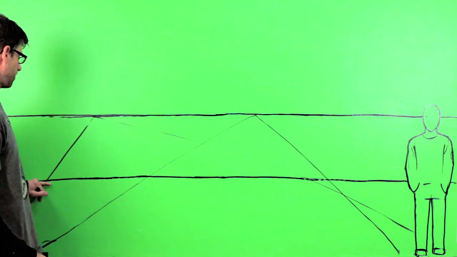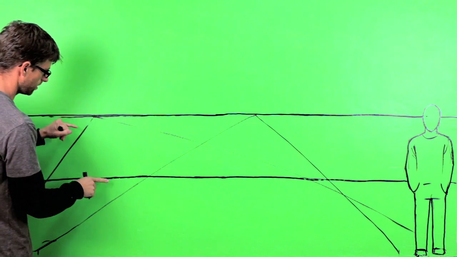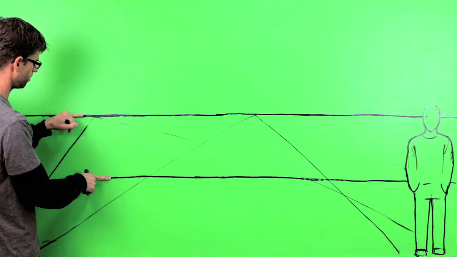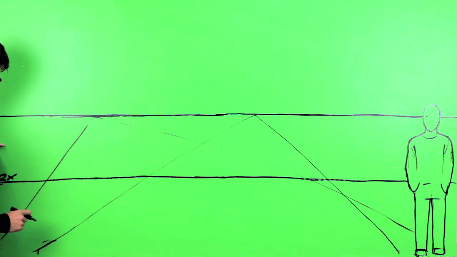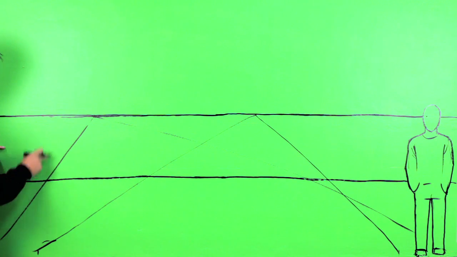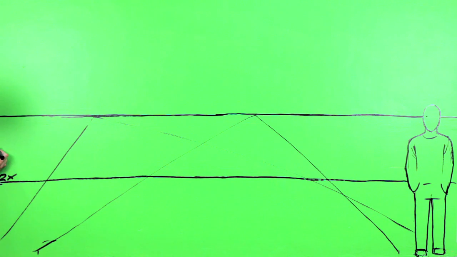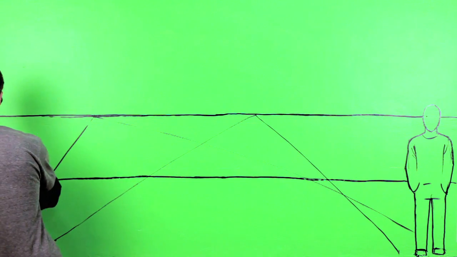Okay, now every time I cut the distance from any point to the horizon in half, the distance doubles. So I'm going to cut this distance in half. Right in the middle now between my 2 times marker and my horizon marker, I make another middle line, all the way across here.